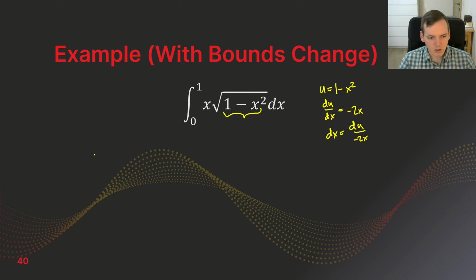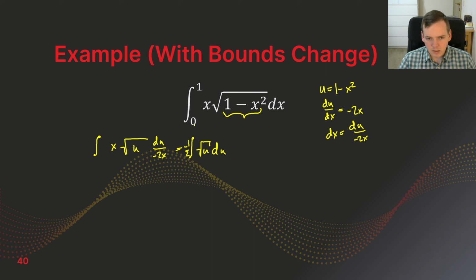So I get a new integral of x times the integral of u du over negative 2x, which is the integral of negative 1/2 square root u du.